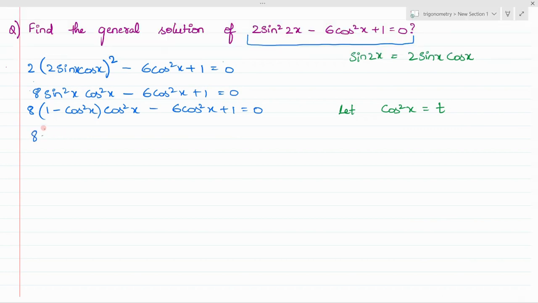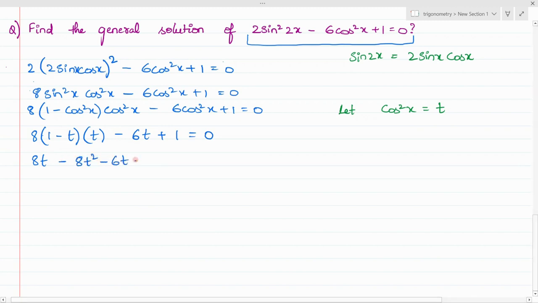Now we can write it as 8 into 1 minus t into t minus 6t plus 1. Now it will be easier for your calculation. It becomes 8t minus 8t square minus 6t plus 1 is 0, and 8t minus 6t is 2t. 8t square minus 2t minus 1 is 0.